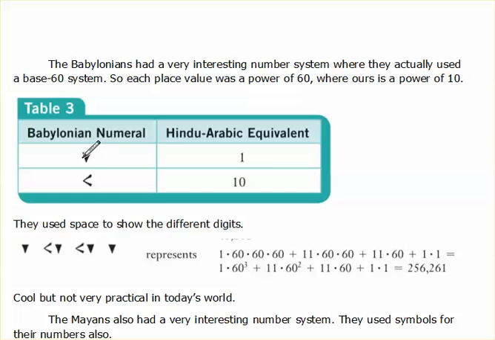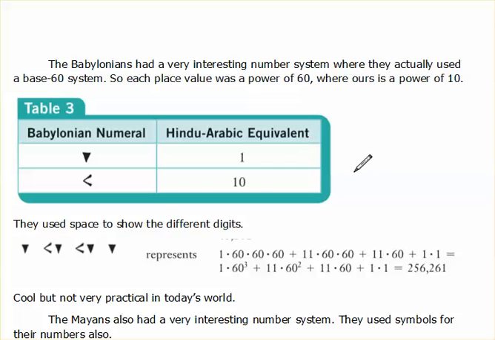They had this little triangle symbol that was worth 1, and then they had this other symbol that, to me, looks like a less than sign, and that was worth 10. It just so happens, though, that because it was a base 60 system, each one of their place values would be a power of 60 instead of ours being a power of 10.